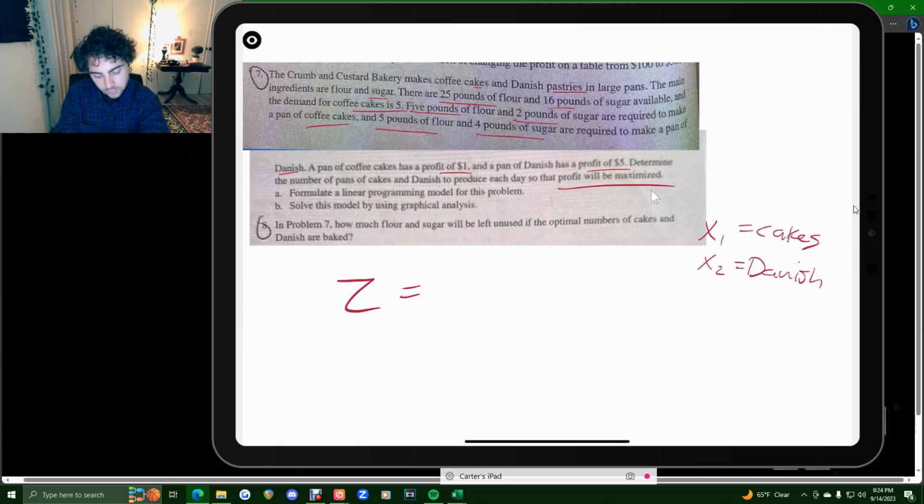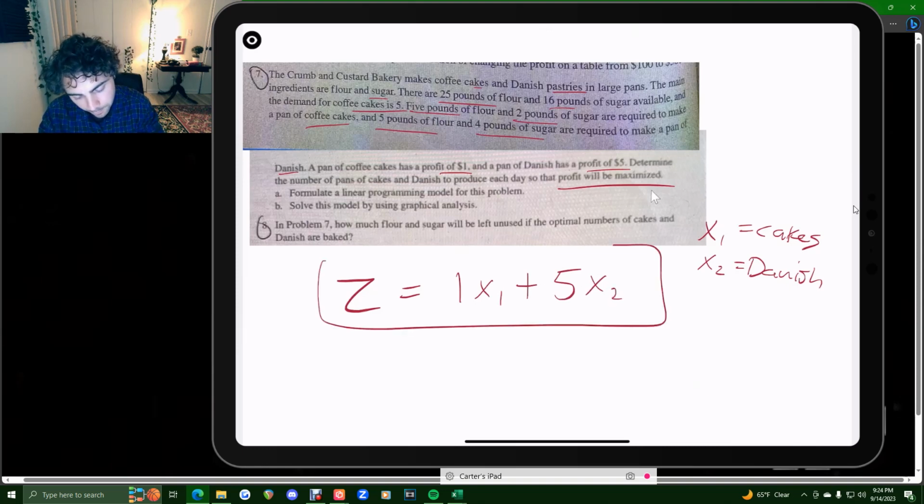Okay? And so the profit will just be 1 times X1 because the coffee cakes have a profit of $1. So the number of coffee cakes times $1 will give you the profit for all the coffee cakes, plus the profit for the Danishes, which is $5 times the number of Danish pans.